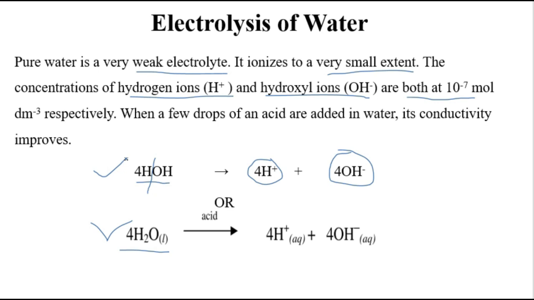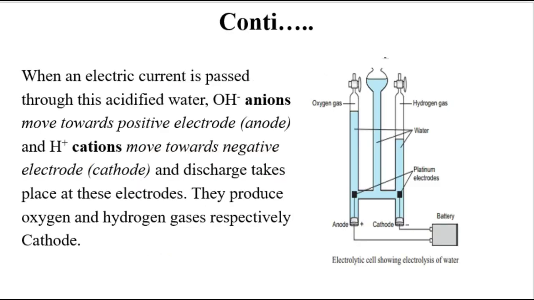But keep in your mind, it will decompose when acid is added into the water. So it will be electrolyzed and give the hydrogen ion and hydroxyl ion. Let's see the diagram: electrolytic cell showing the electrolysis of water. Students, this is basically the cathode, which is negatively charged, and the anode, which is positively charged.